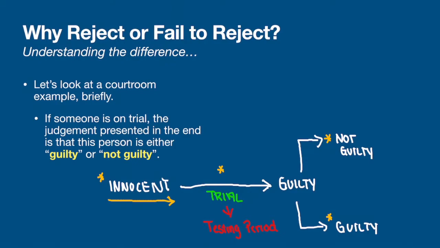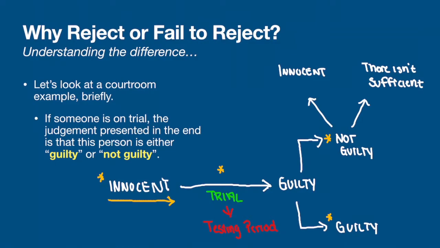So let's unpack this for just a moment. And I'm sure you all know this very well, but being declared not guilty kind of means two things. It either means that one, someone is innocent, and I'm sure you're probably already thinking it. It also could mean there wasn't enough evidence to prove that someone is guilty.